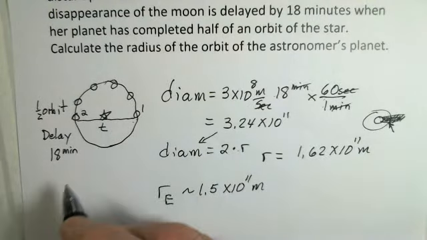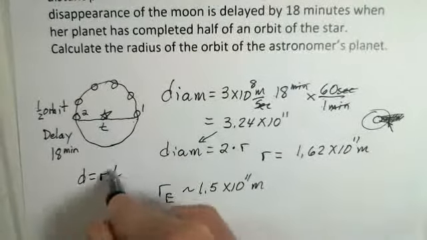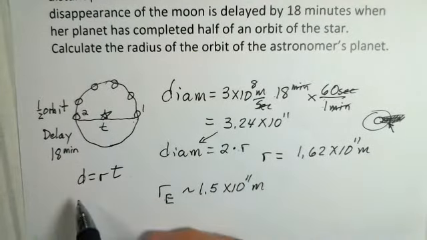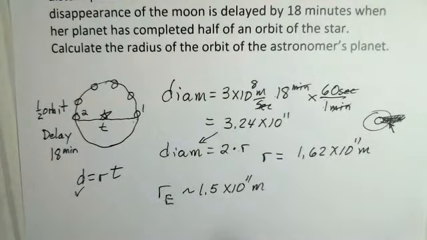So doing distance equals rate times time, the astronomers in the late 1600s, Roemer, had a rough idea of the diameter of the Earth's orbit, the distance, measured this time delay for the satellites of Jupiter, and then calculated the speed of light. Came up, I think, about 2 times 10 to the 8th meters per second, but it was a ballpark number. Here we're using the speed of light to calculate the diameter of the orbit and then the radius. So keep practicing.